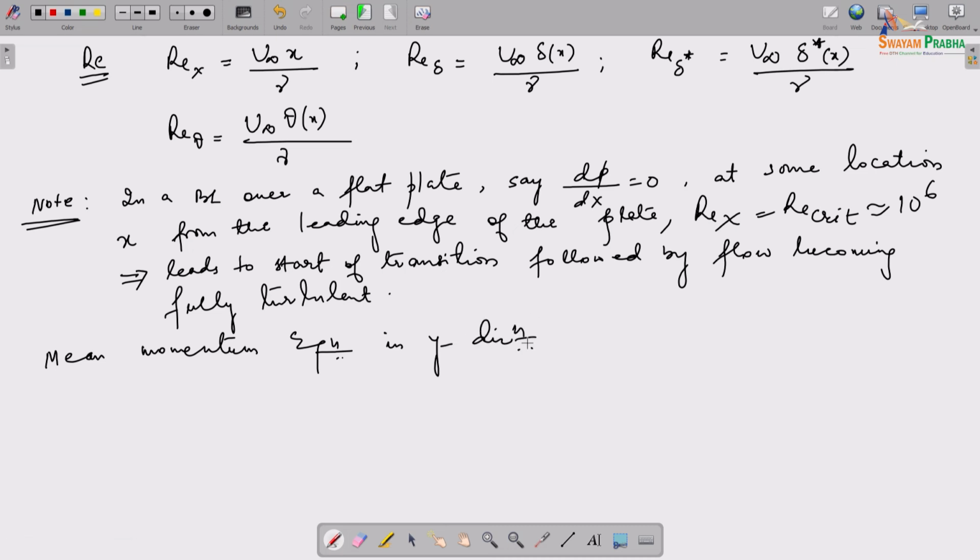The mean momentum equation in the y direction is as follows. Then we integrate this, right.